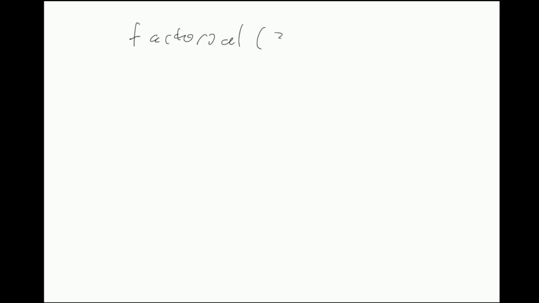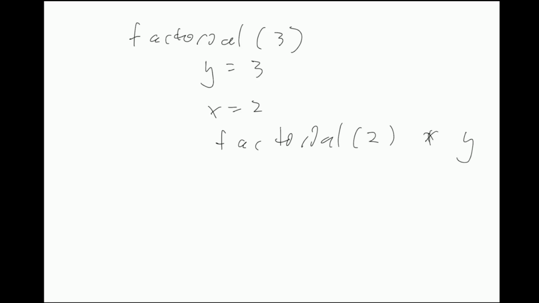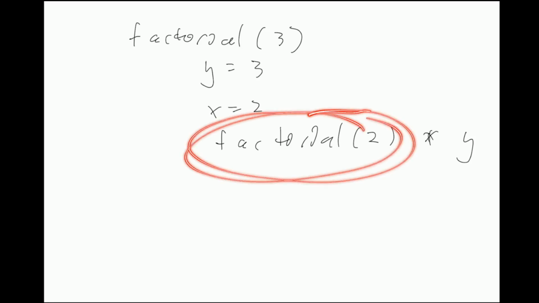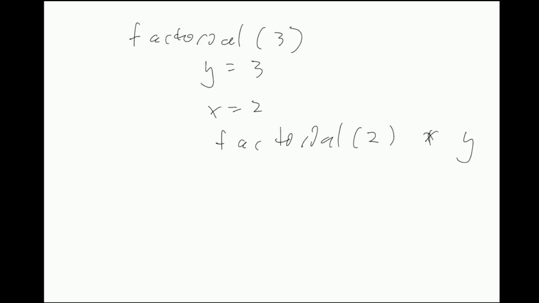So when I call factorial of 3, I end up assigning y to 3 and x to 2. And then I have to compute factorial of x, which right now is 2, and then multiply it by whatever y is. So I have to stop my computation and compute this factorial of 2.